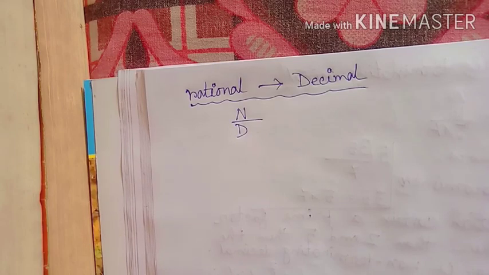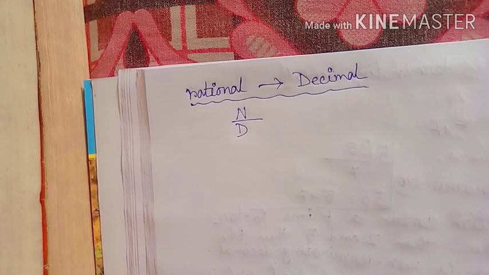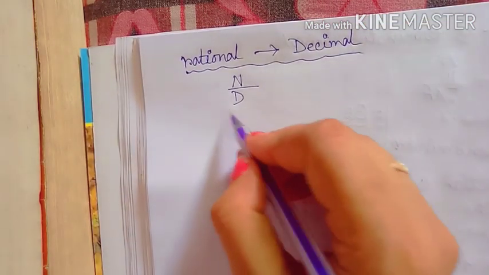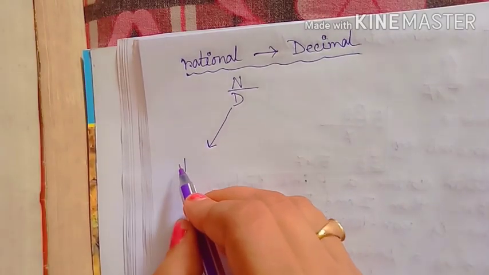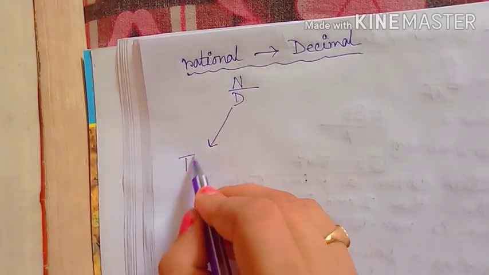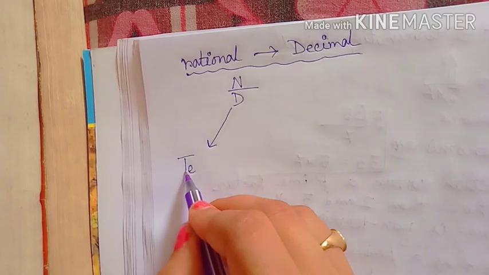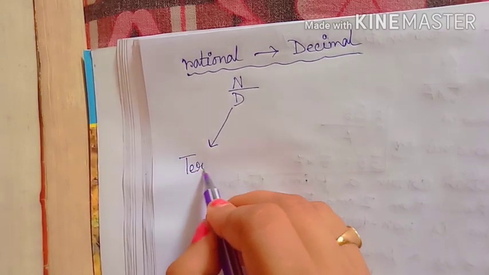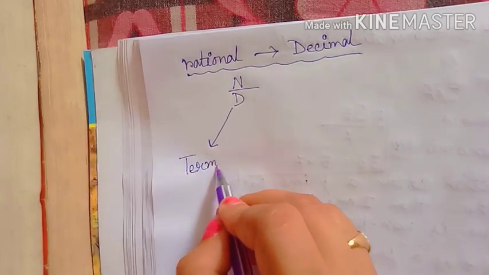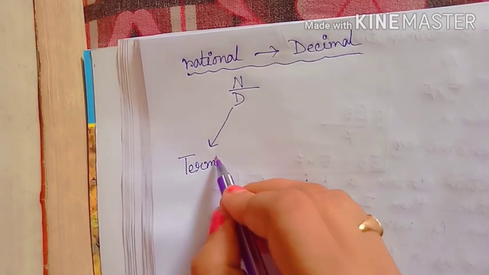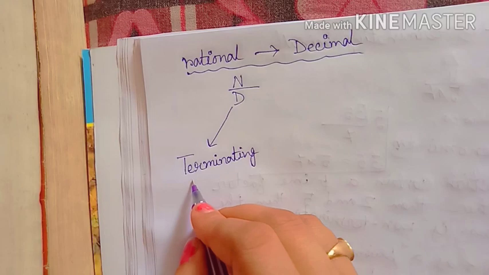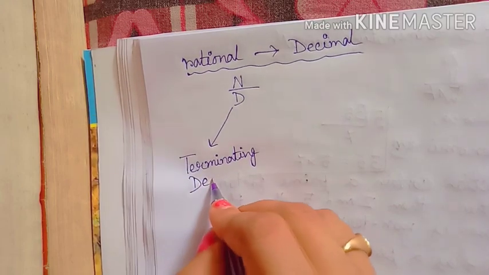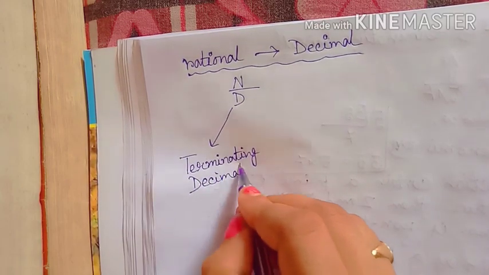Any rational number can be converted into a decimal number by the actual division method, and two cases arise. One is that after a finite number of digits, the process is terminated, so we can call it a terminating decimal.